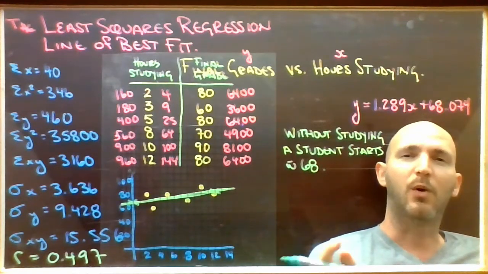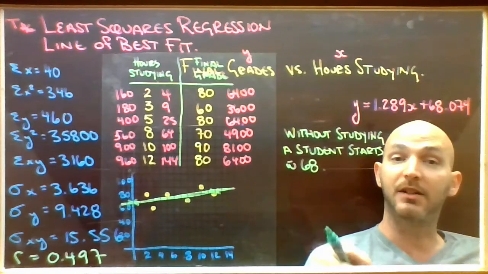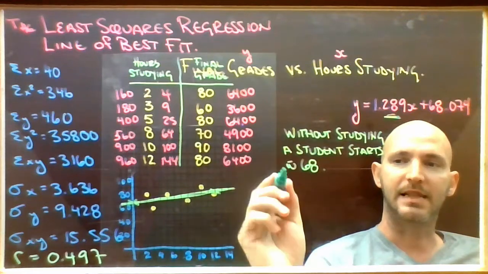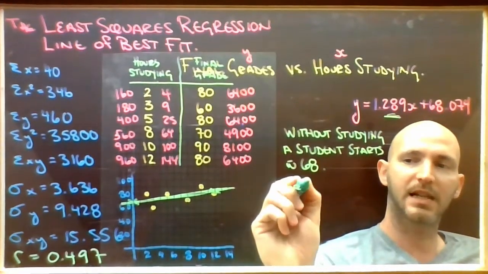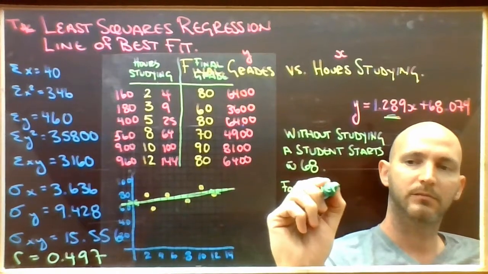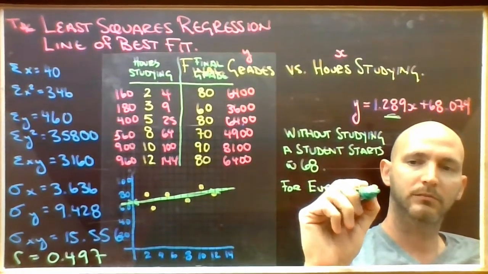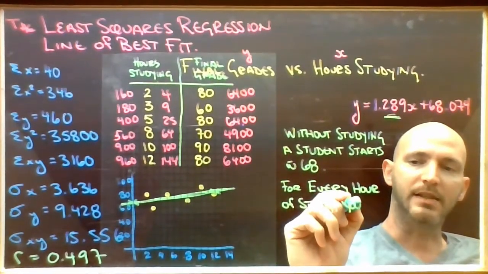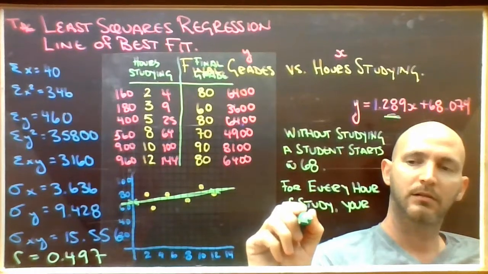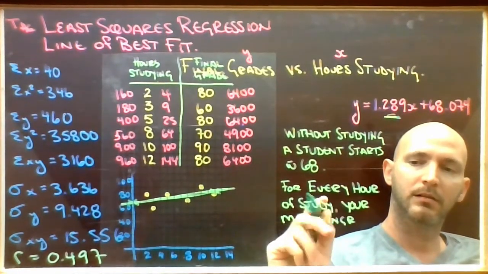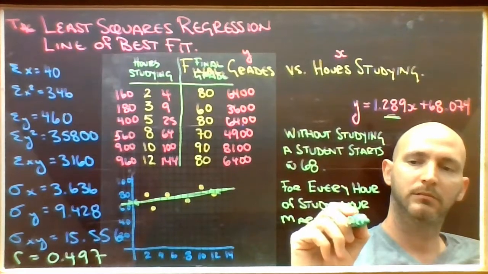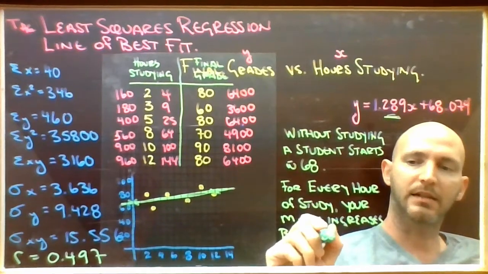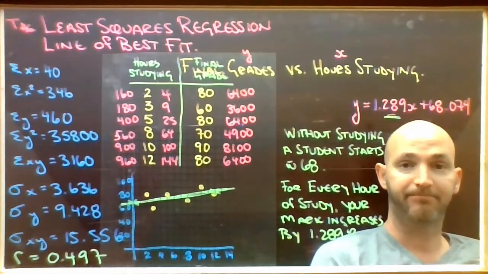From there, we're going to add to your mark by adding to your study time. And what this number here is telling you, the slope, is that for every hour of study, your mark increases 1.289%.